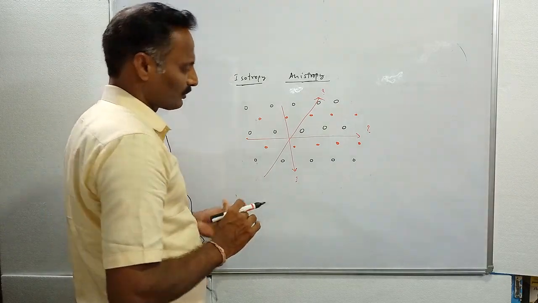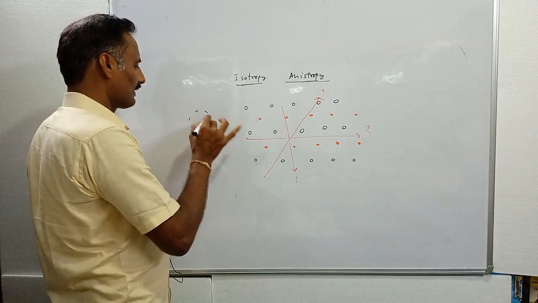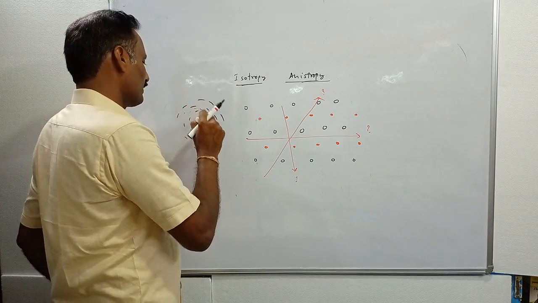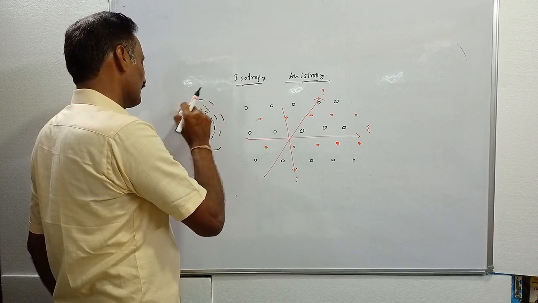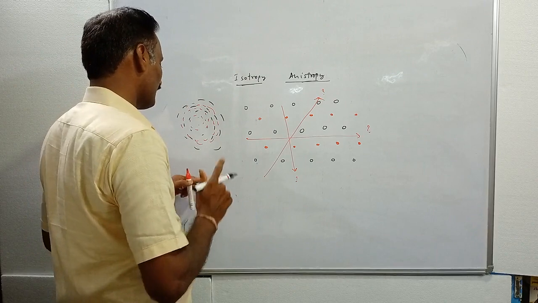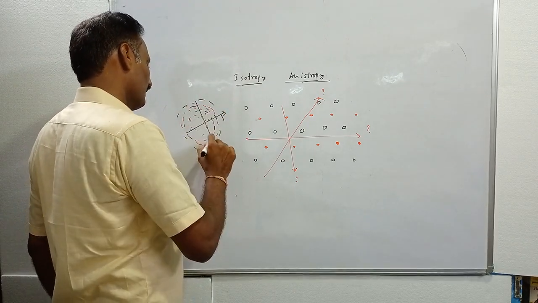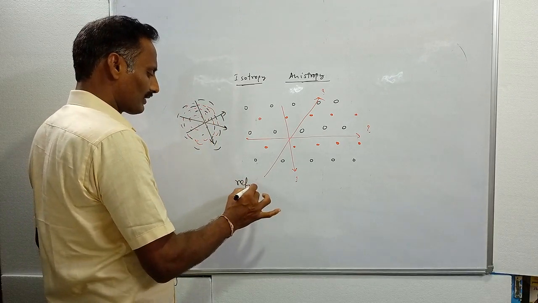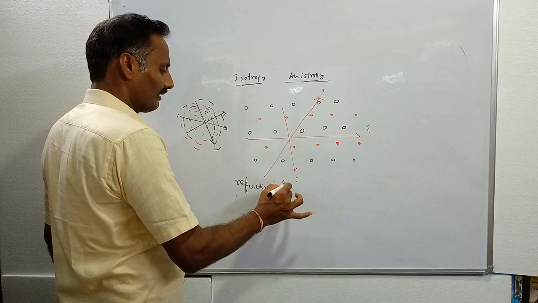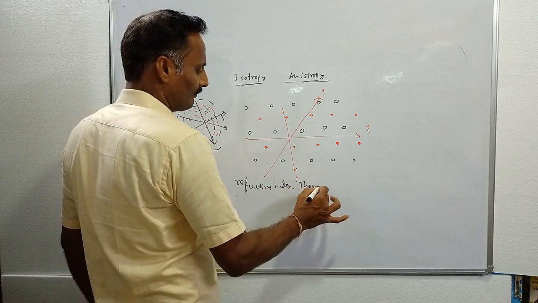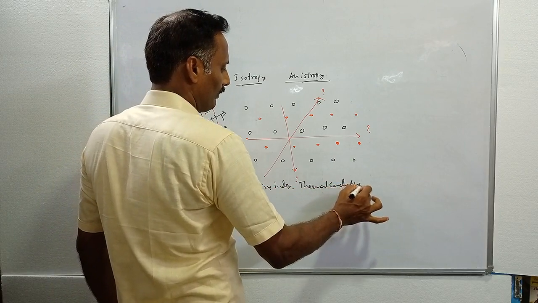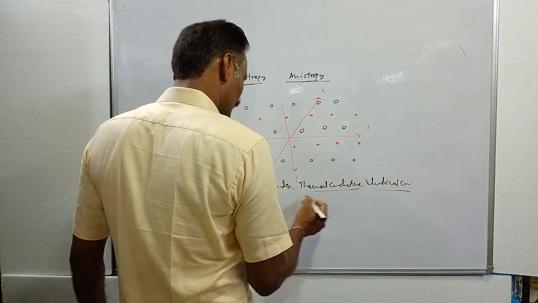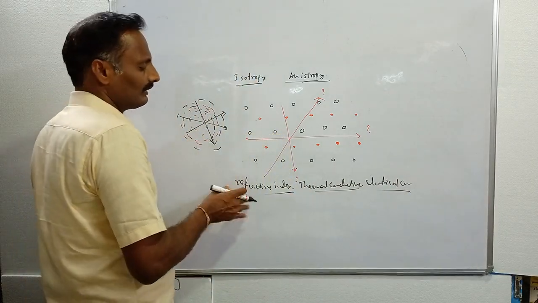But in amorphous solids, particles are arranged randomly, like this. When particles are arranged randomly, if you measure any properties, like refractive index, thermal conductivity and electrical conductivity, in any direction, they have the same values.